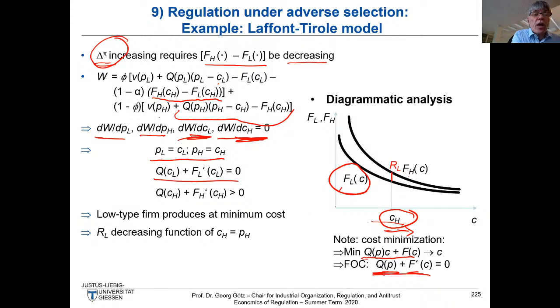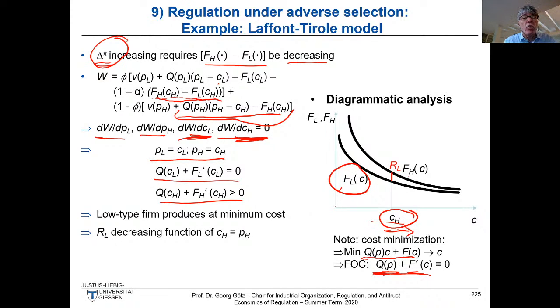And as you now see, you not only get this cost minimization, you also get this effect from the reduction of the rent, and that will lead to the case that this is positive. Okay, the low type, so it's higher.